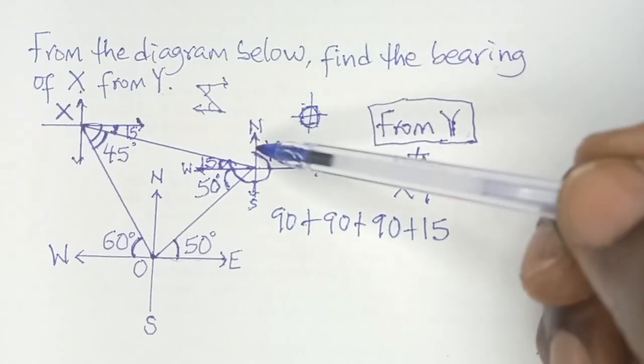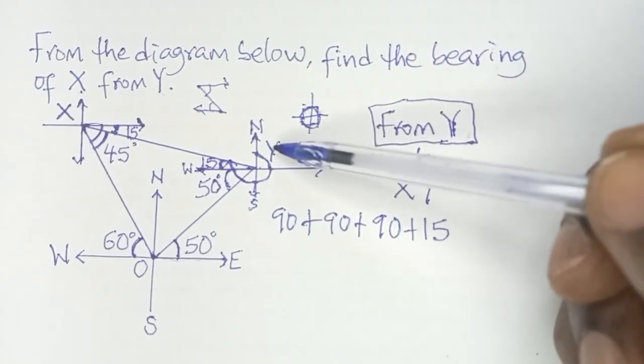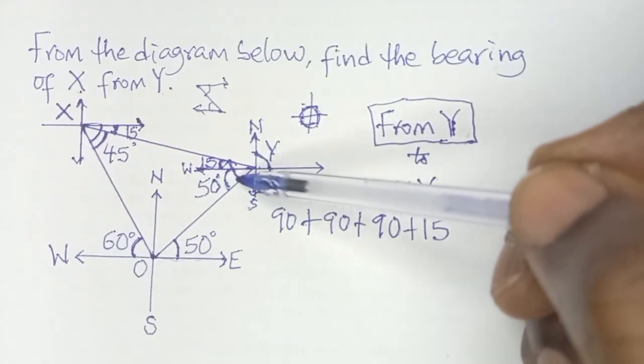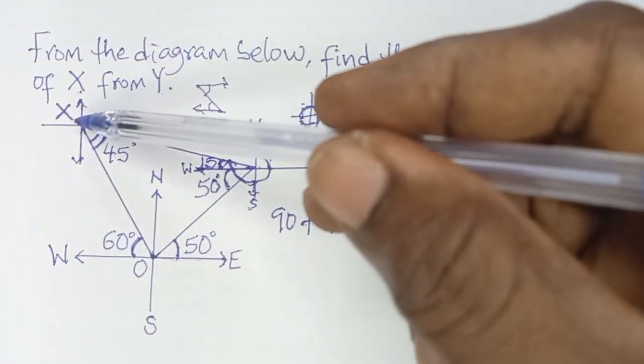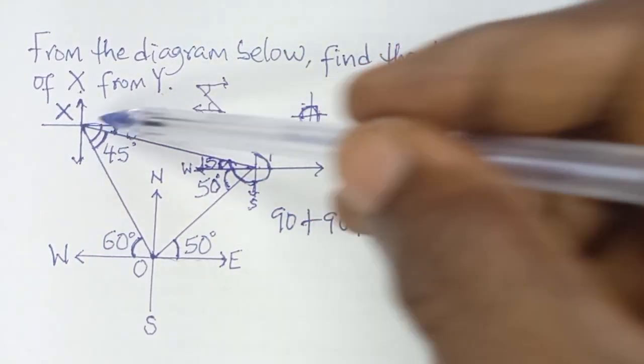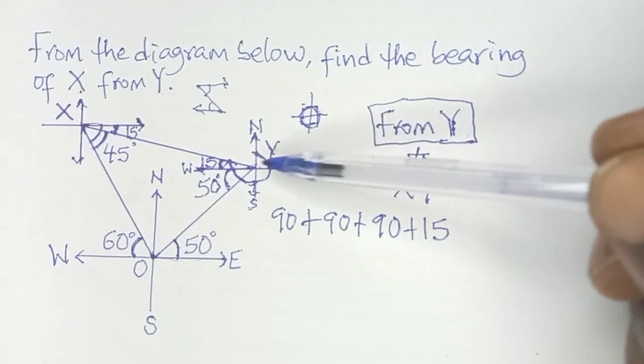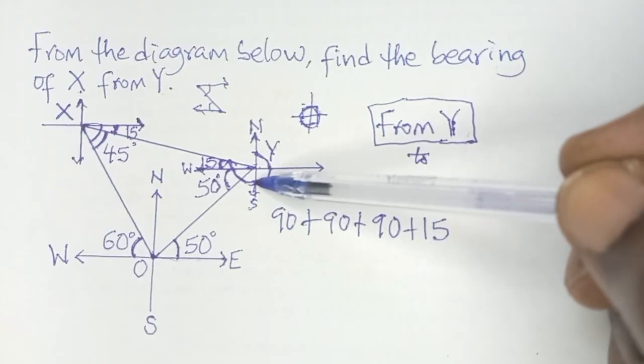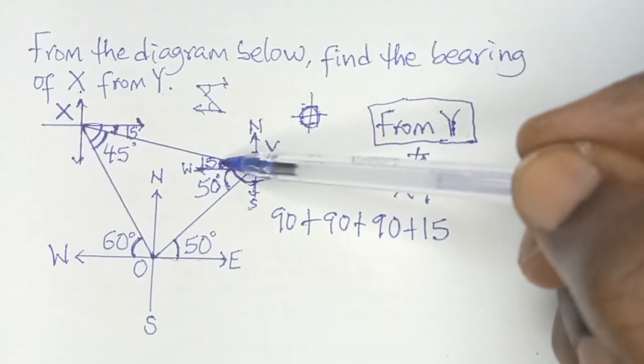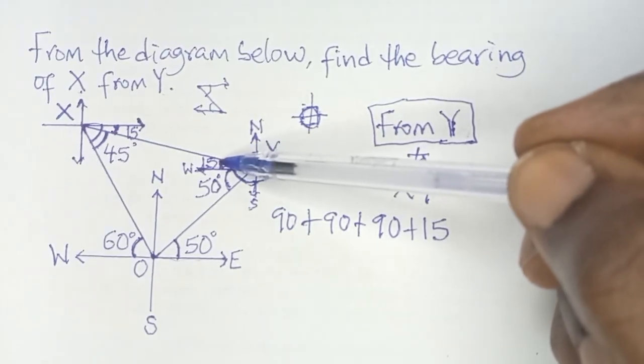So we are measuring from the north pole of point Y, and then we go round up to the line that joins X and Y, the line XY. Don't forget that is what you do. So we have taken this 90 plus another 90 plus another 90, and then finally we are adding this last 15 degree angle here.